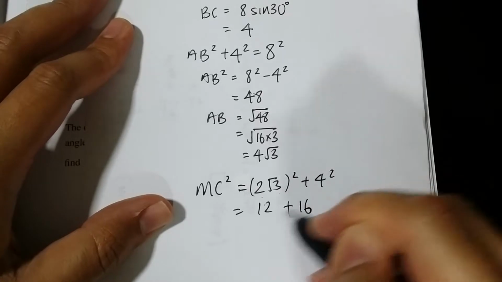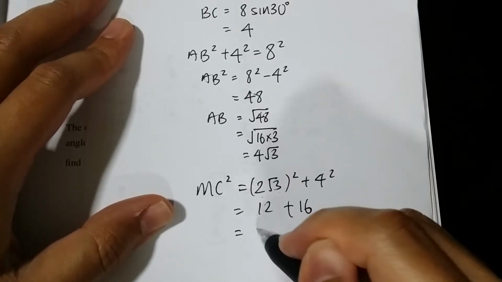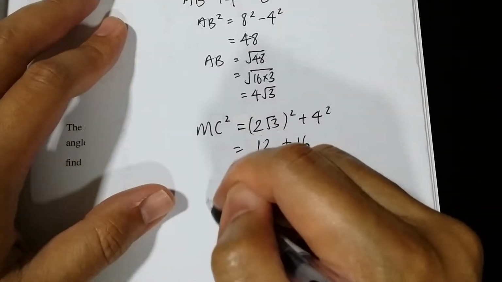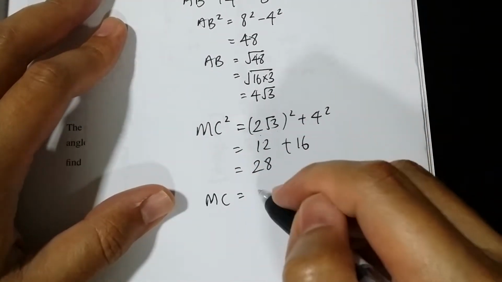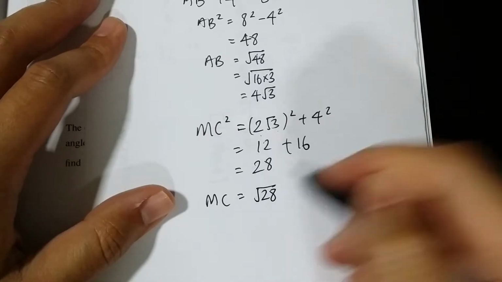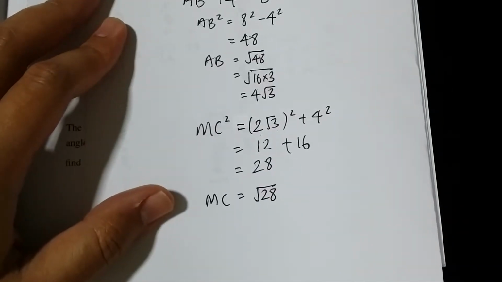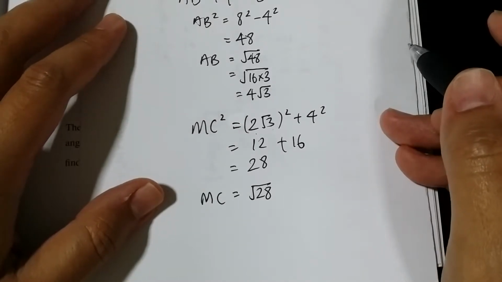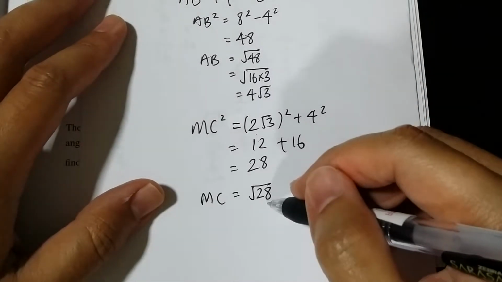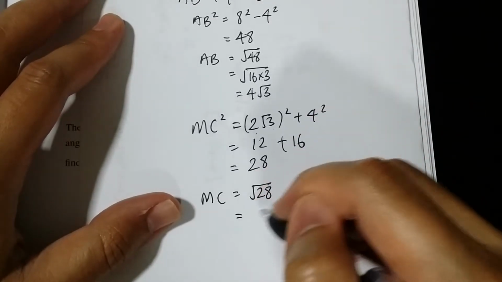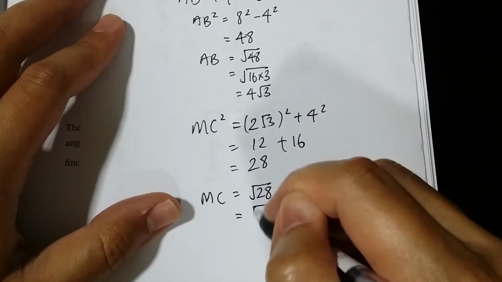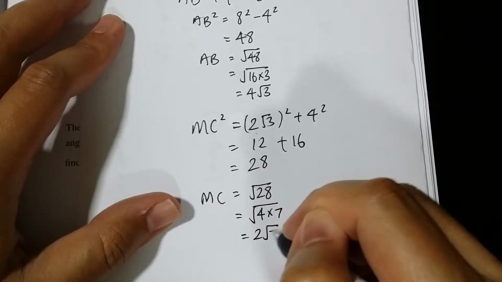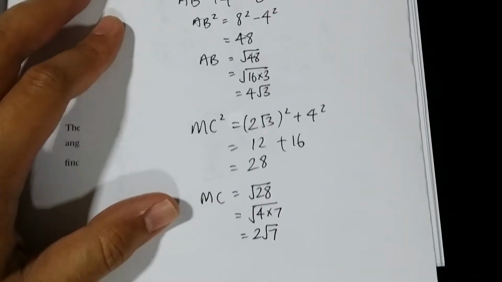This is 16. Altogether is 28. MC square is 28. MC will be equal to square root 28. Is there a square number within 28? A factor of 28? Oh yes, there is, 4 times 7. So you get 2 square root 7. Okay, so MC is 2 square root 7.